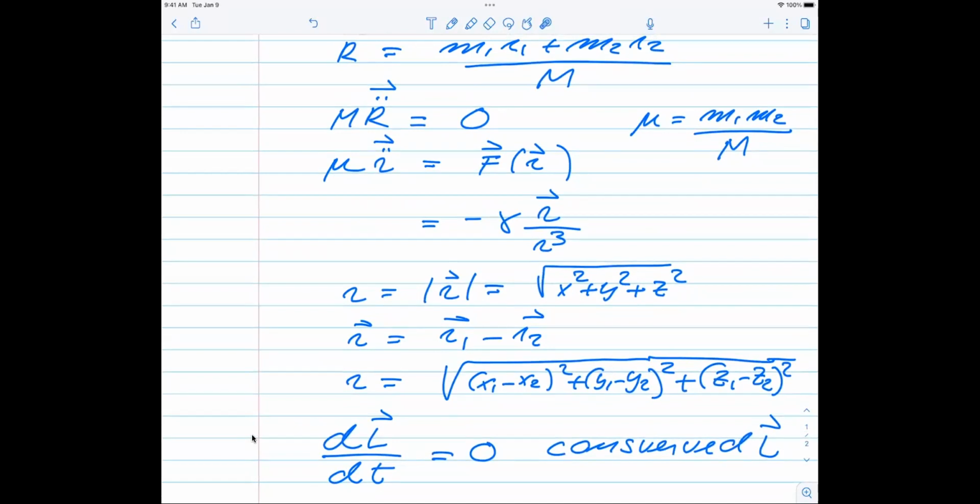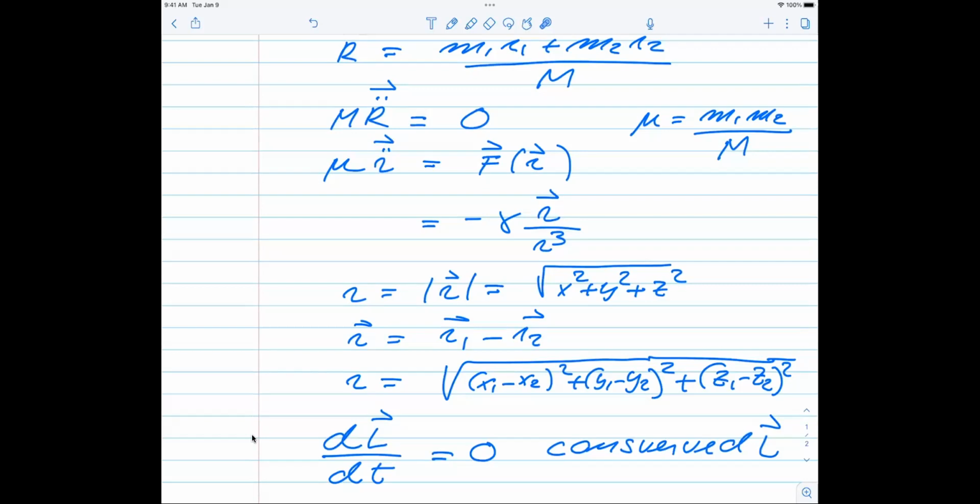And then, since now we have a differential equation for the relative motion, when the angular momentum is conserved, what that means is that we can actually now position ourselves in just the xy plane.